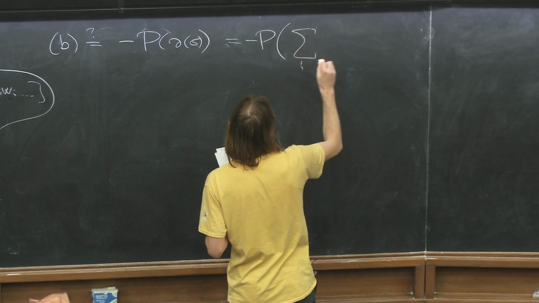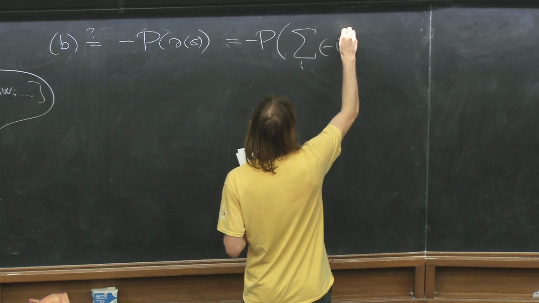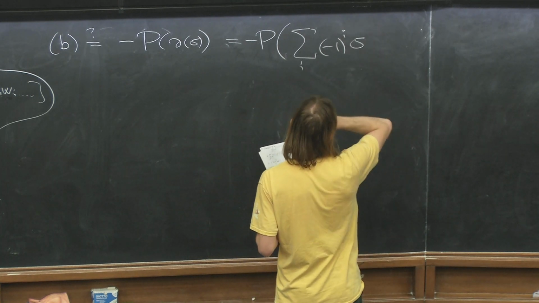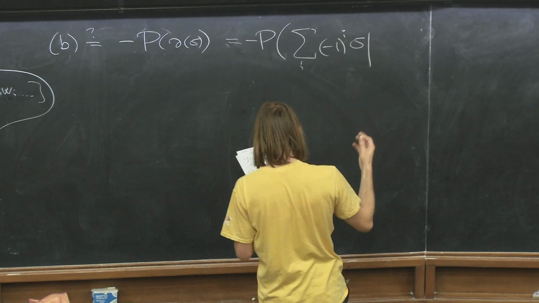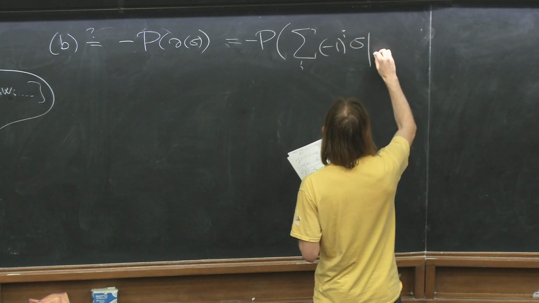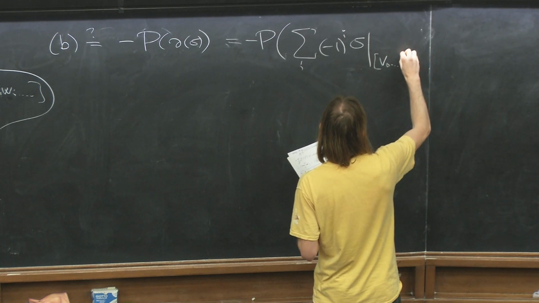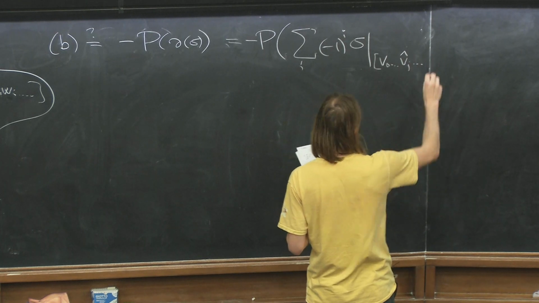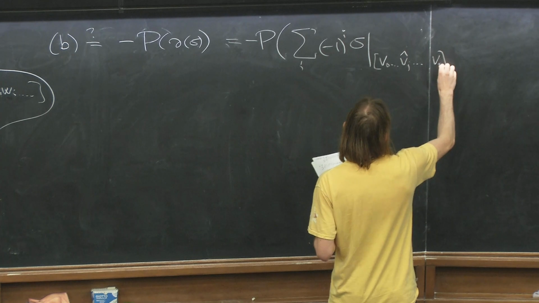So this is a sum over j, and here, for example, I choose my vertices to denote by V with some index, and this means I skip vertex number j in the sequence V0 to Vn.